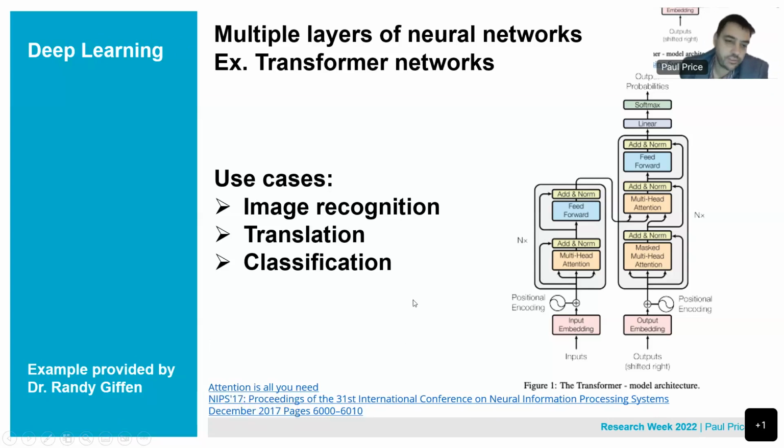So next, this is probably more complicated than I can explain. It's also not my example, but essentially a new type of neural network or multi-layer neural network that's very popular now is called transformer networks.